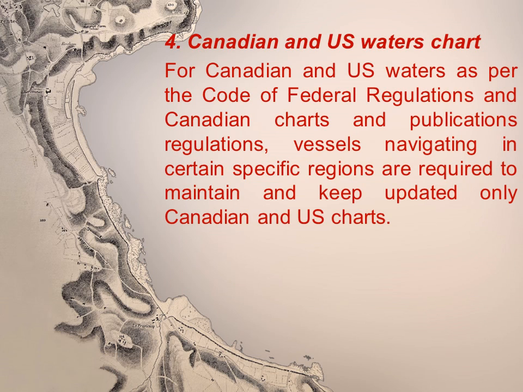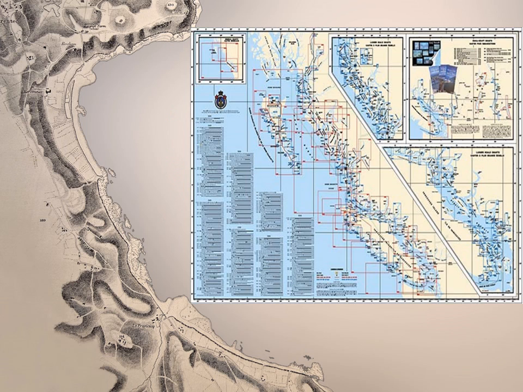Canadian and U.S. water charts. As per the Code of Federal Regulations and the Canadian Chart and Publication Regulations, vessels navigating in certain specific regions are required to keep updated only Canadian and U.S. charts.